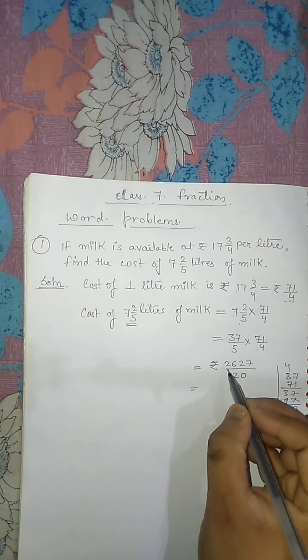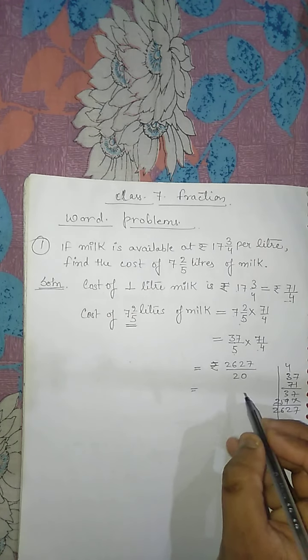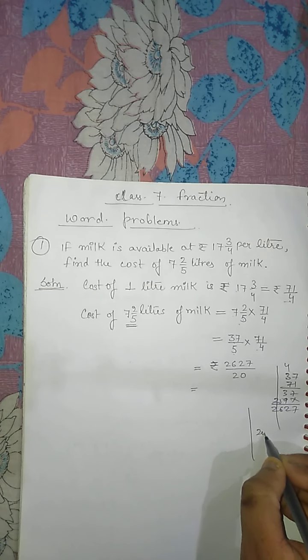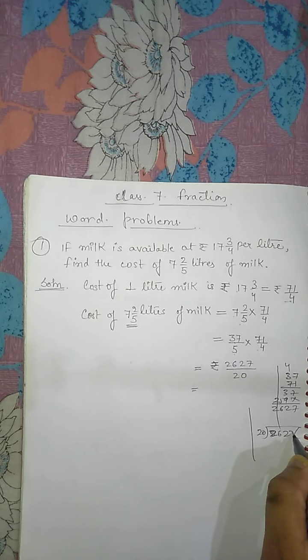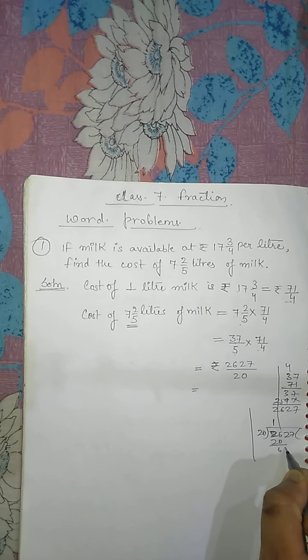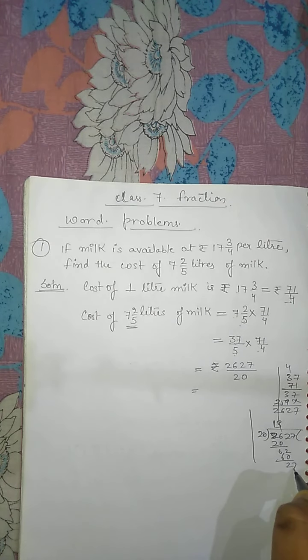Now you can change it also in mixed fraction. So it comes, divide this by 20, 2627 by 20. So 20 ones are 20, it comes 6, 2. 20 threes are 60, it comes 27, again 20.